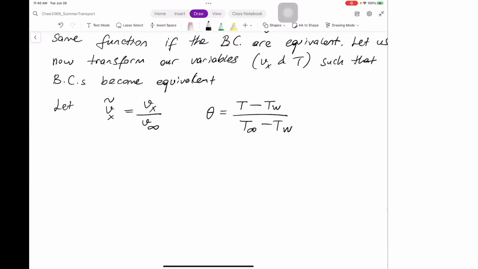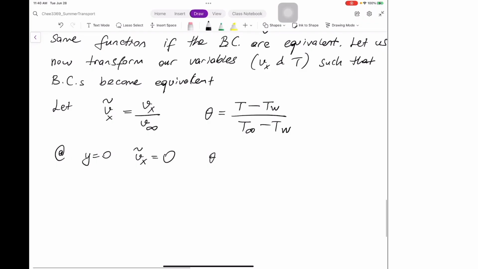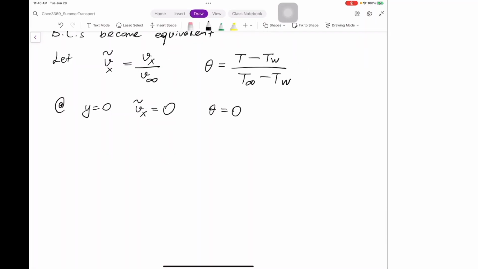So our boundary conditions become, at y equal to 0, Vx tilde equals 0 again, and theta equals T wall minus T wall divided by something, which is 0. Excellent, I have the same boundary condition. Similarly, at y equal to delta, Vx tilde becomes V infinity divided by V infinity, which is 1.